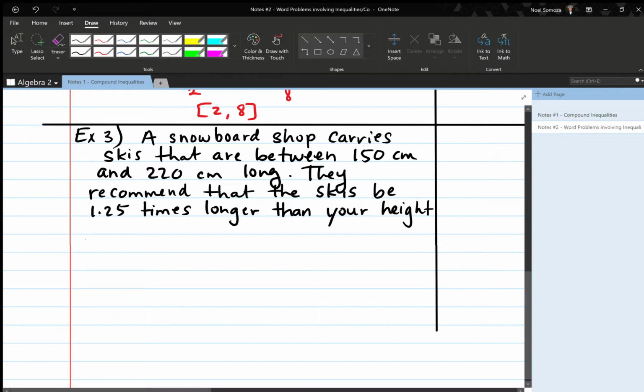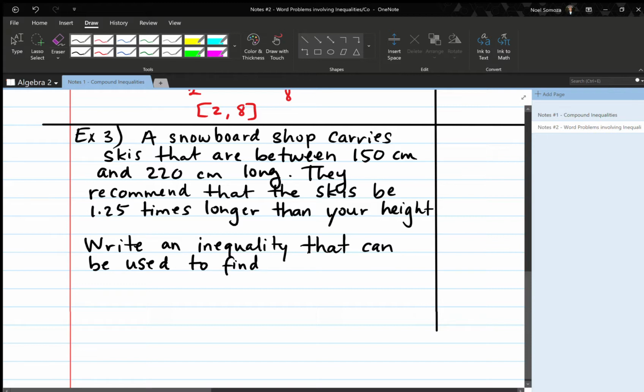So here we go. Write an inequality that can be used to find how tall you need to be to rent from the shop.